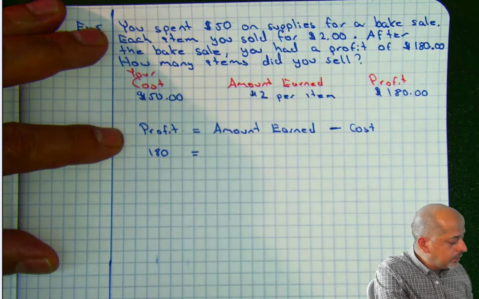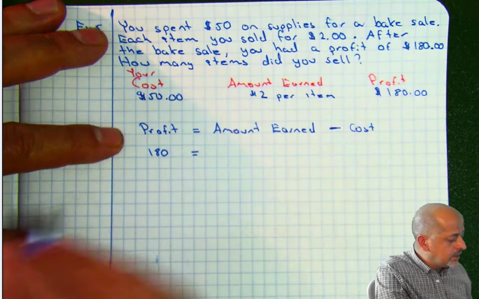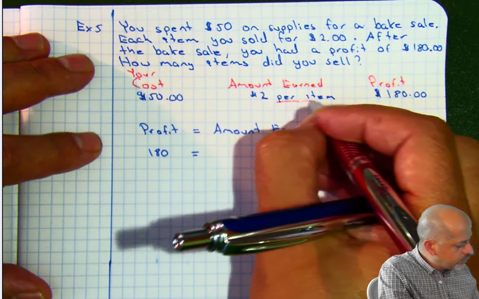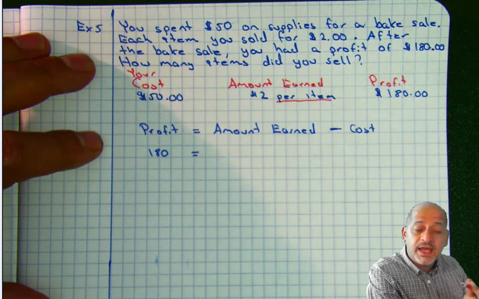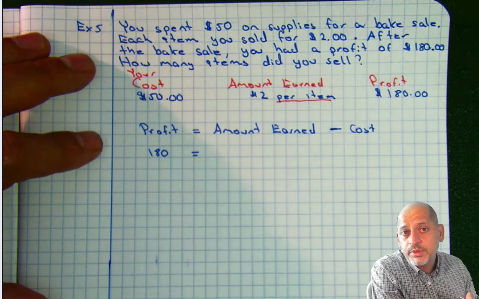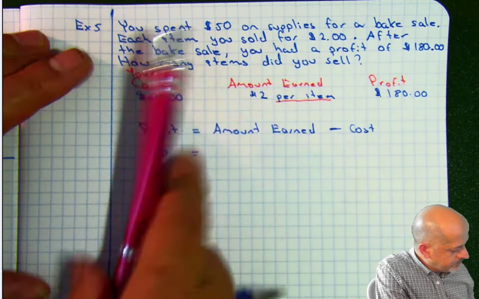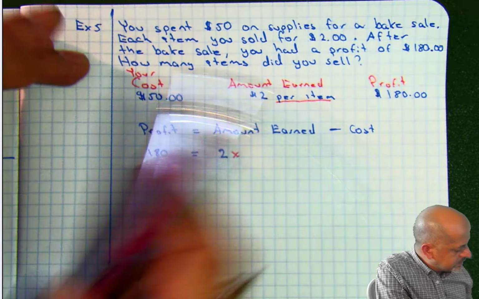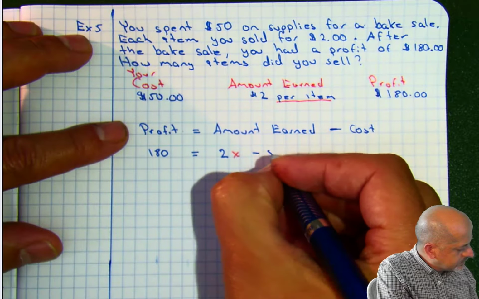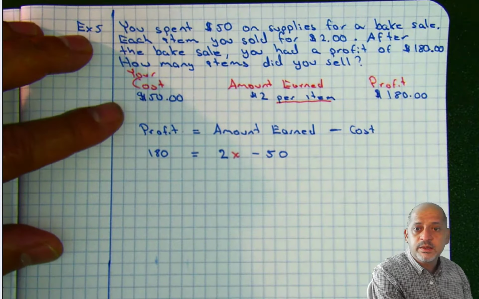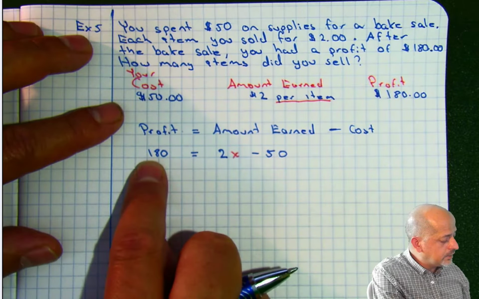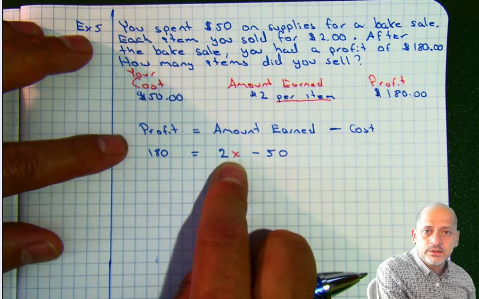Your amount earned is $2 per item. Now what variable do you want to use? X? Is it X or B? So let's just use X. So 2X minus 50. That is how much it costs. Correct? So if you made $180, how many did you have to sell?